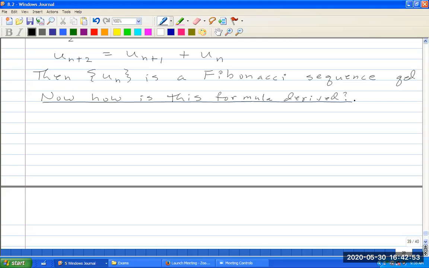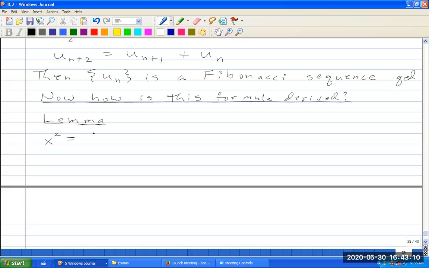Okay, so first let me have the following lemma. Suppose x squared is equal to x plus 1.